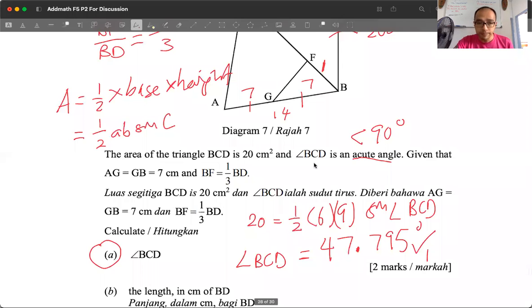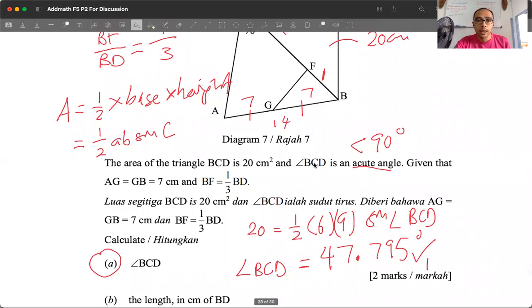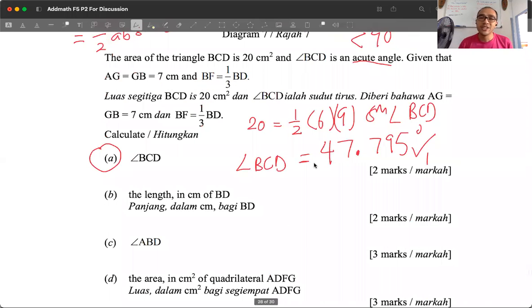Correct. All right. So, do you guys remember why I said that you must use as many decimal places as you can? It's because your answer needs to be within a range. If early on in question A you already rounded to 2 decimal places or even worse, 1 decimal place, everything else will be affected.